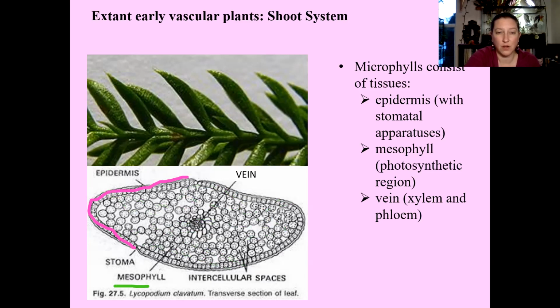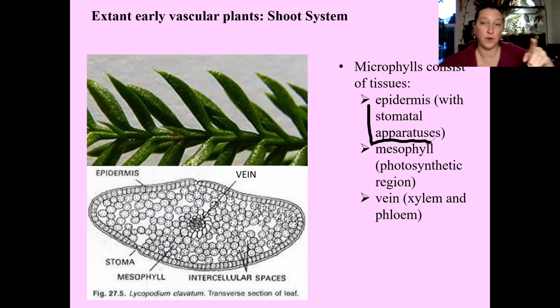And then you have the vascular tissue, which in leaves is called a vein, right? And that's where your xylem and phloem are located. Also notice this once again: we saw stomatal apparatus on a sporophyte plant for the first time in the hornworts.